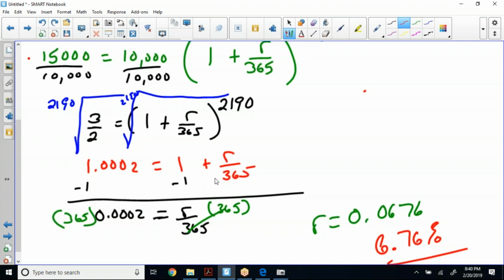How do you put this in a calculator? Type in 2190. Hit the math button, which is up on the left-hand side. Go down to number 5 and hit enter. And then type in 3 divided by 2, close parentheses. I have to write in parentheses.